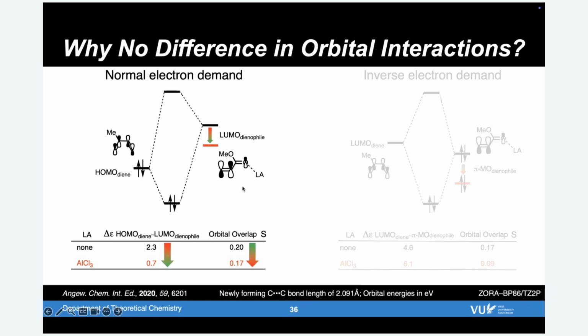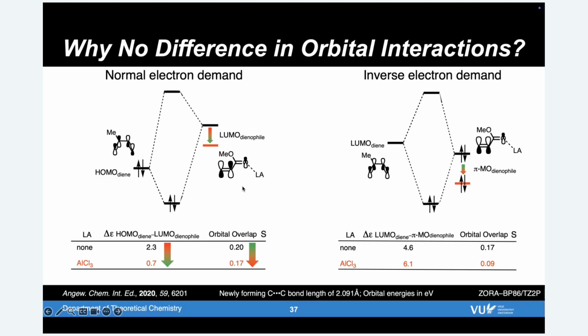But the interesting thing is that these reactions are both in normal electron demand and inverse electron demand. There's typically always these two happening, right? So the Lewis acid not only stabilizes the LUMO, so it pulls the LUMO down, but it also stabilizes the pi molecular orbital here that would be involved in the inverse electron demand interaction.